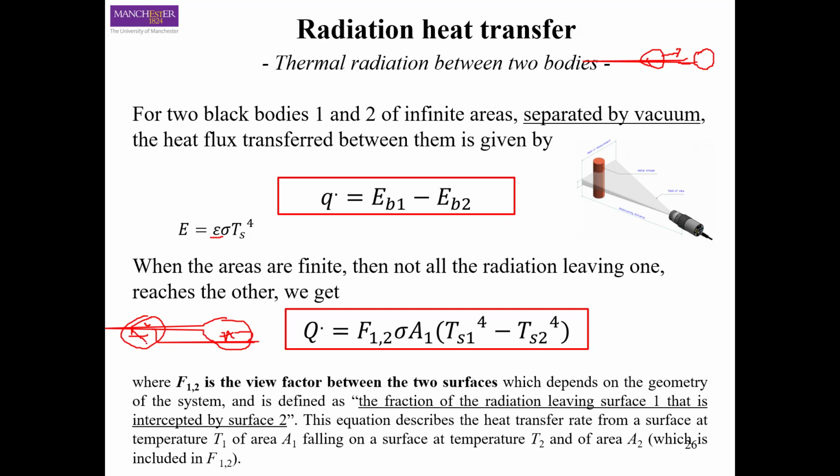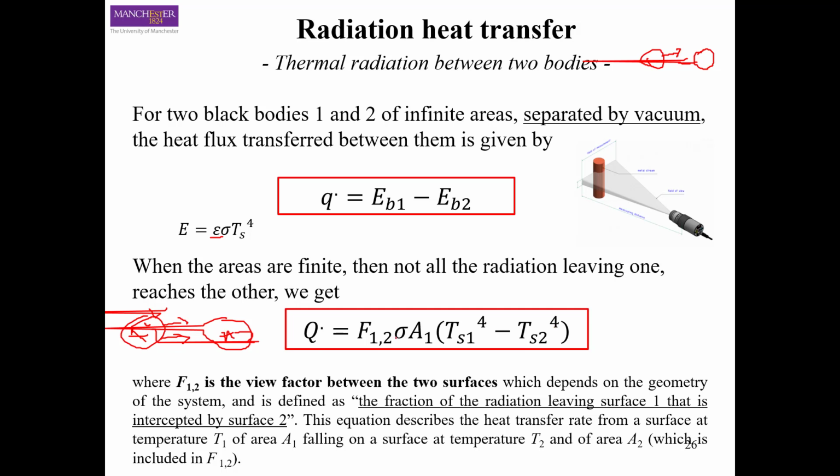Okay, so the heat energy that is emitted from object A1 and is being received by object 2, we can write as F12, that is a shape factor, and I will explain in a minute what that shape factor means, times sigma, that is the Boltzmann constant, times the area of the emitter A1, that is this surface here, times the temperature difference between the two objects raised to the power 4. Okay, so T_s1 is the temperature of object 1, and T_s2 is the temperature of object 2.